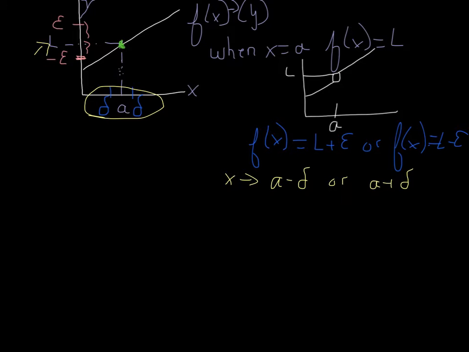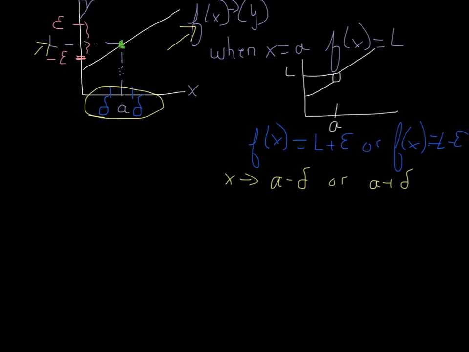And that makes sense, right? I can't get a y value from my function unless there's an x value that makes that happen. Y is always a function of x. In other words, we have to have an x value to put into our equation to give us that value of y.